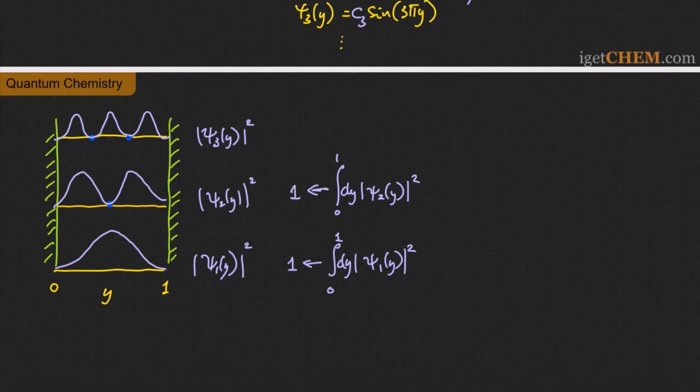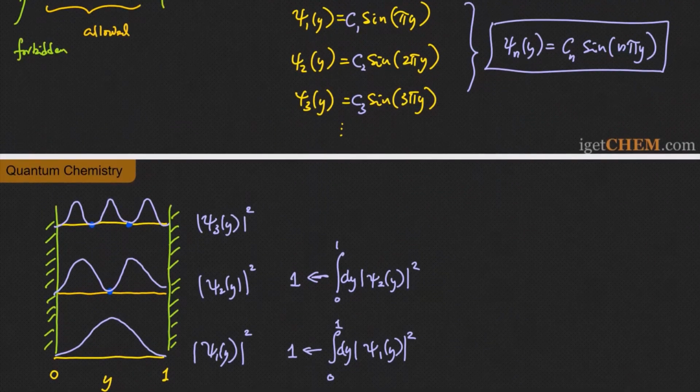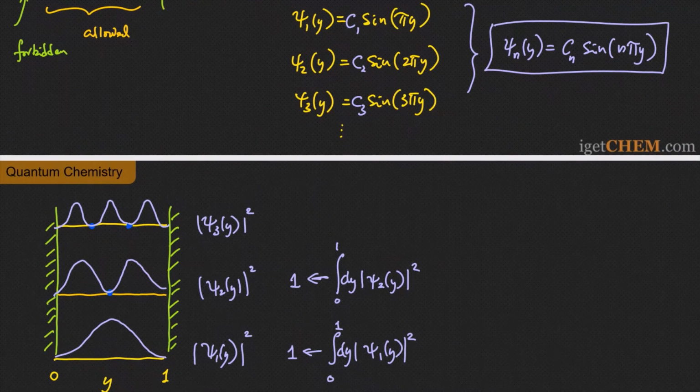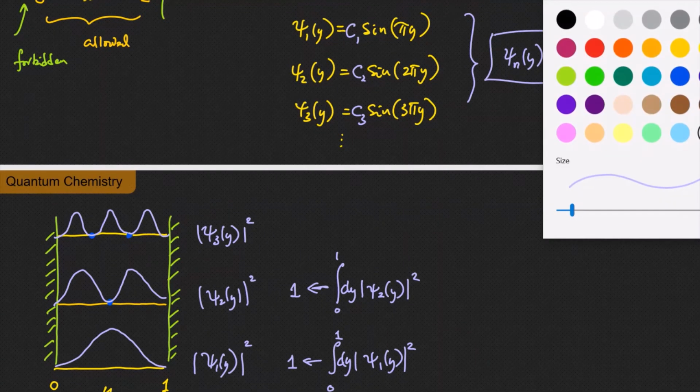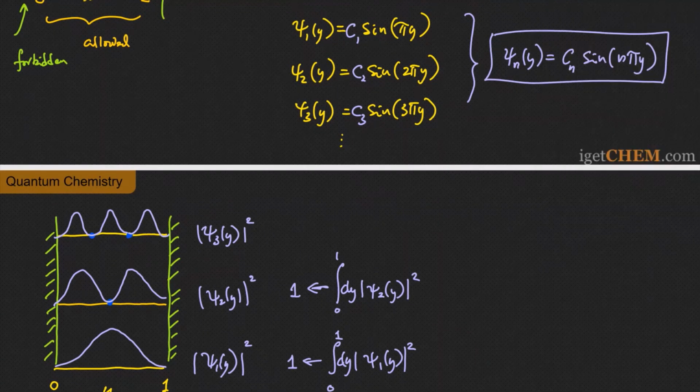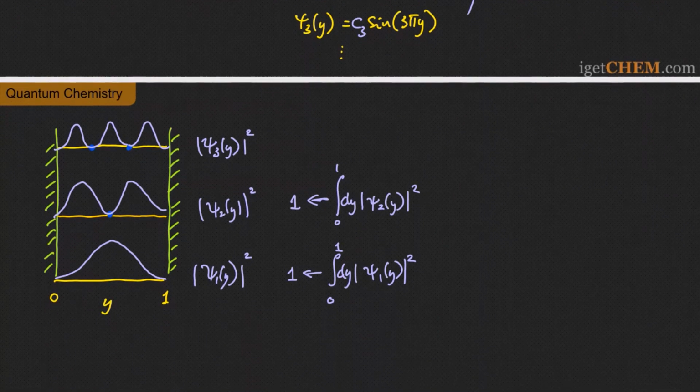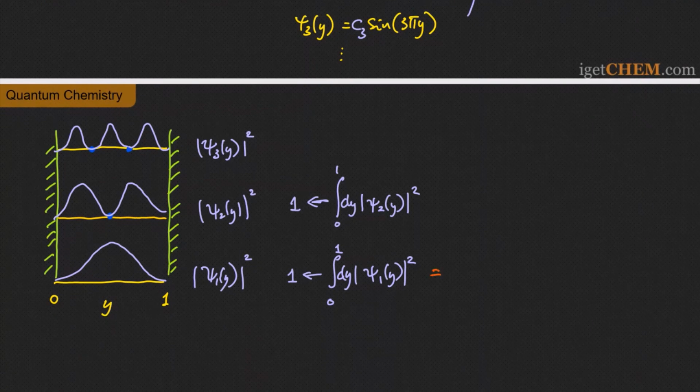So let's just write down one of them, and the other ones are going to be fairly clear. So the one for psi 1 is this one. So I'm going to write this integral down. This is basically c1 squared times the integral dy from 0 to 1 of sine squared of pi y.